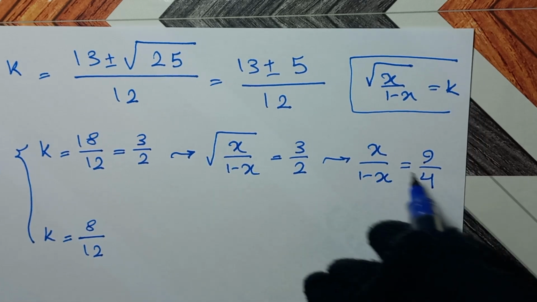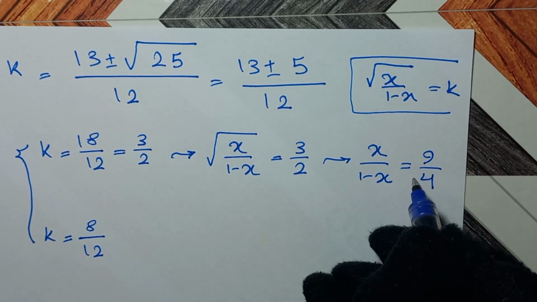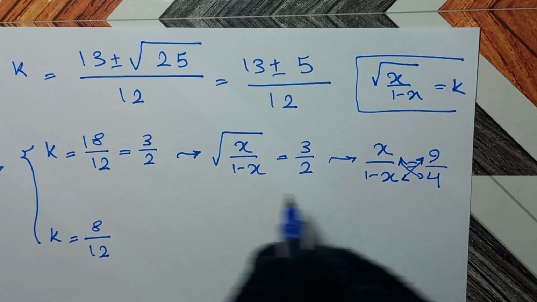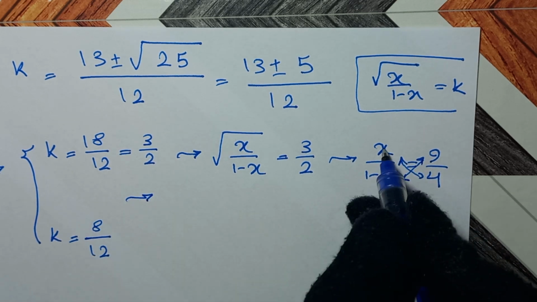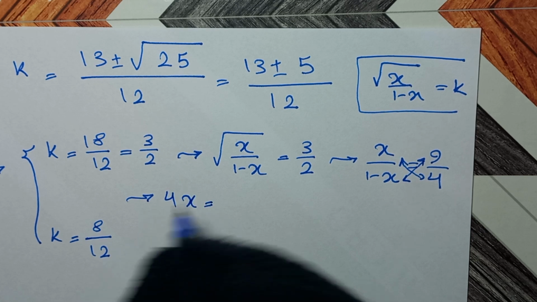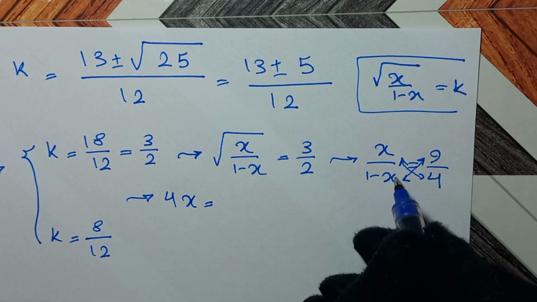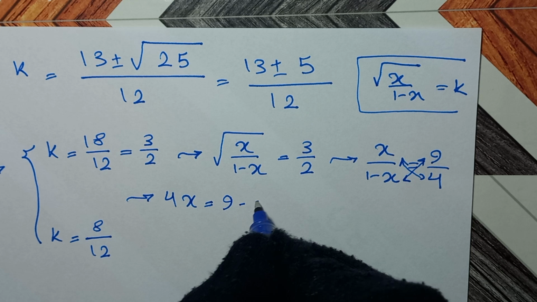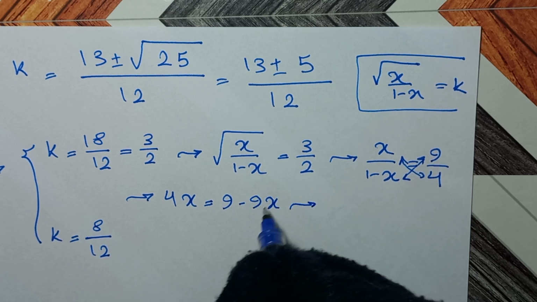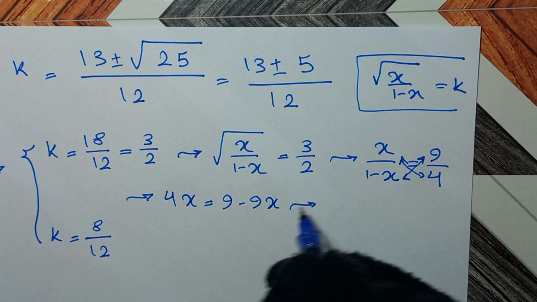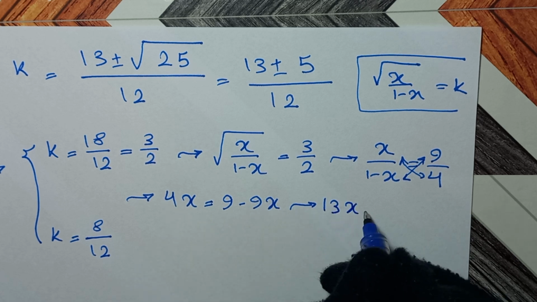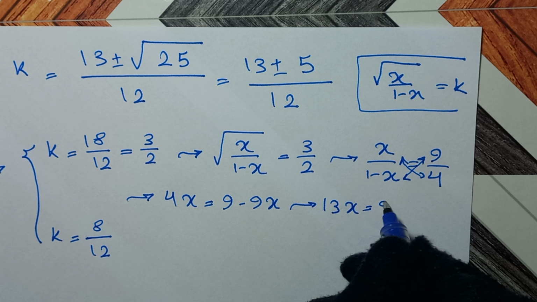And here we use cross multiplication, this times this and this times this, right? So it will be 4 times x, 4x, is equal to 9 times 1 minus x, which is 9 minus 9x, right? So we take this negative 9x to this side, it will be 4x plus 9x, 13x, is equal to 9.